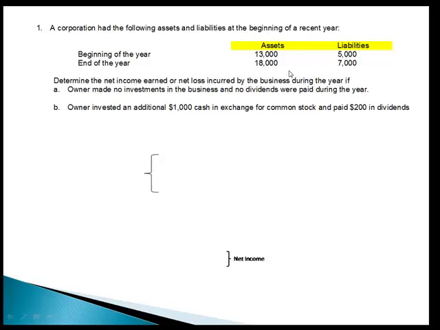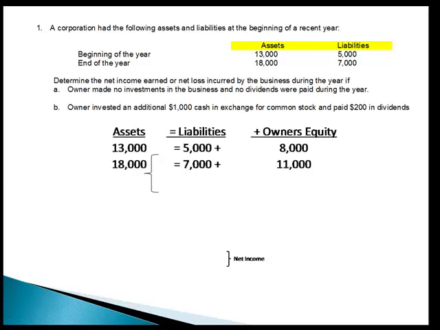At the end of the year, assets were $18,000 and liabilities were $7,000. Okay, there's something missing here, and that's equity. So we've got part of the accounting equation, but we're missing equity. And we need the full balance to figure out the solutions here. So we want to determine net income or net loss during the year if A or B.